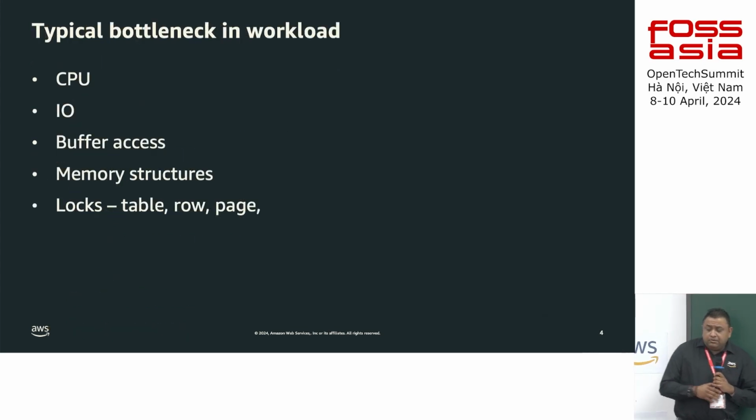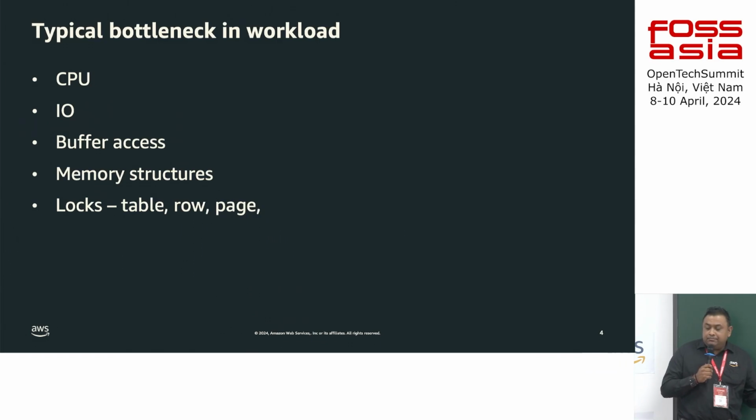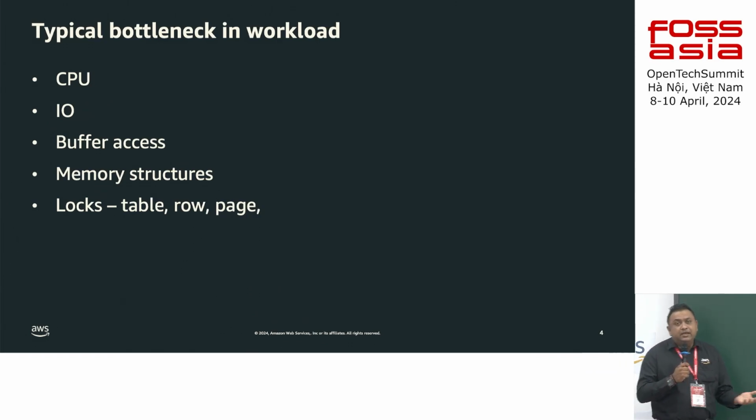Your workload can typically get bottlenecked by the range of parameters that are on the screen, things like CPU, I/O, and it can also be your object level waits. Typical examples of CPU bound workloads are those with high concurrency, and where the working set fits inside the shared buffer.